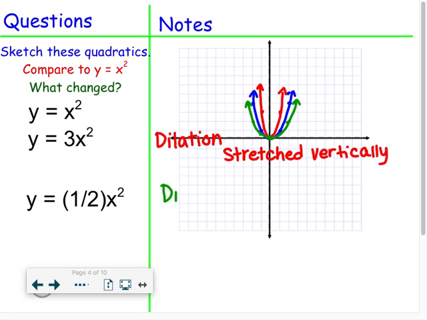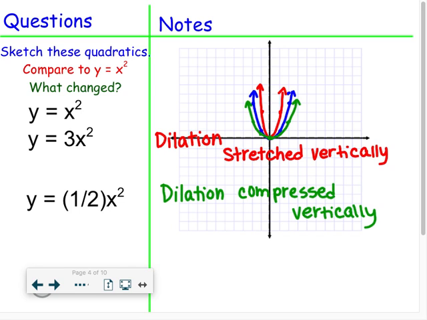This is called a dilation, and instead of being stretched, it's called compressed vertically. If you press down on something, think about pressing down on the top of something, it's going to make it wider. You press down on it, so compressed vertically.